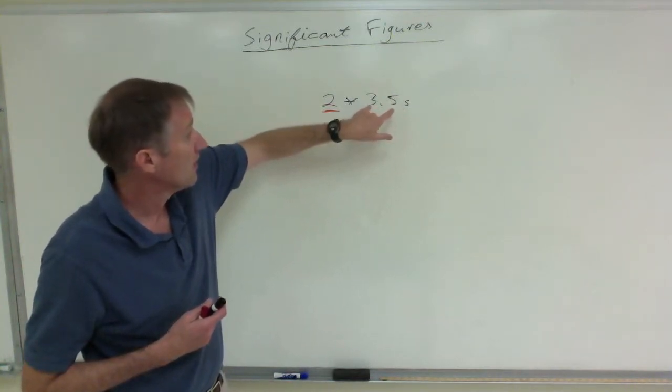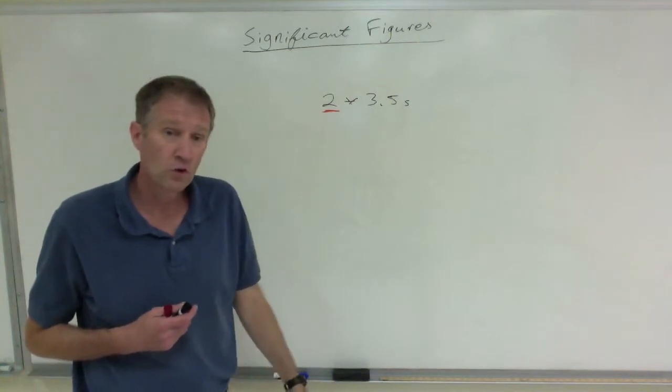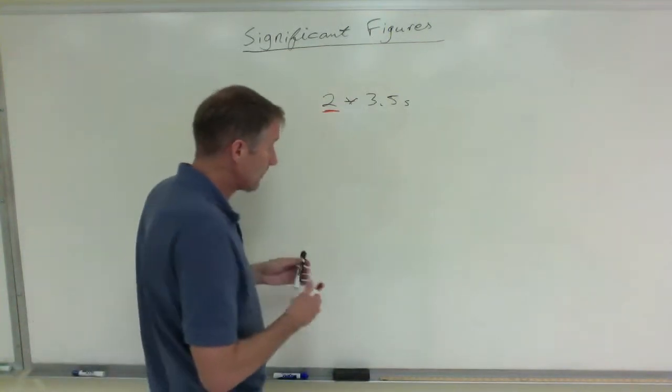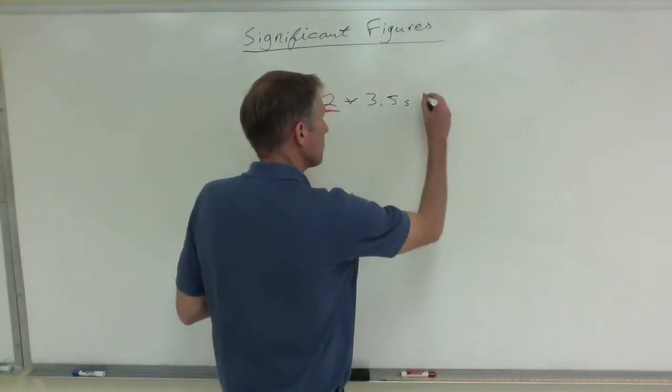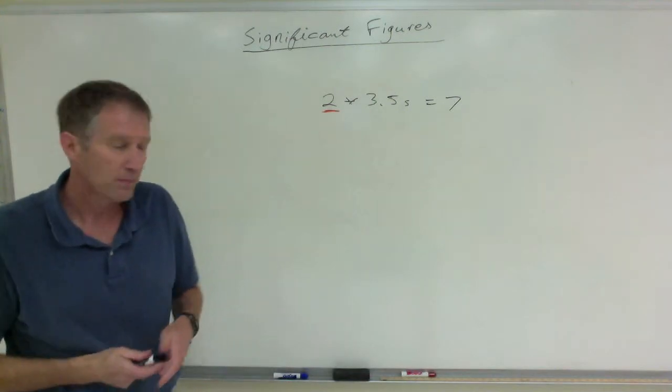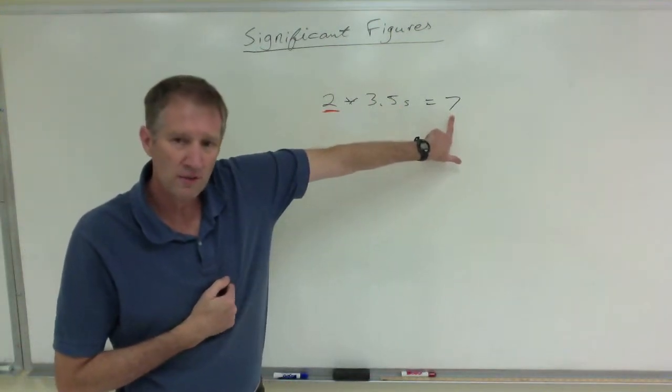This is 2 significant digits. That's where significance comes in. So if you were to take something like that and multiply it out and you get 7, that would be wrong, because that's only written to one significant digit.